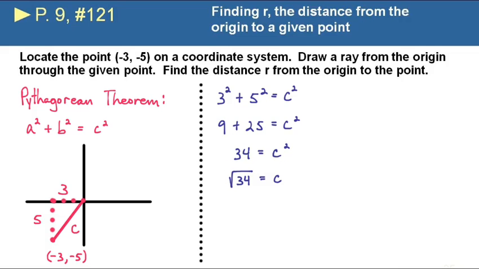That means that the square root of 34 equals c. So the distance r that we were looking for here is the square root of 34. And it's pretty common for us to leave it in radical form. We very, very rarely, if ever, go to decimal form. But the other thing is, if this radical could be simplified, we would want to do that. Now this one cannot be. But if you've forgotten how to do it, don't worry, there are plenty coming up where we will have to simplify, so we'll review that later.